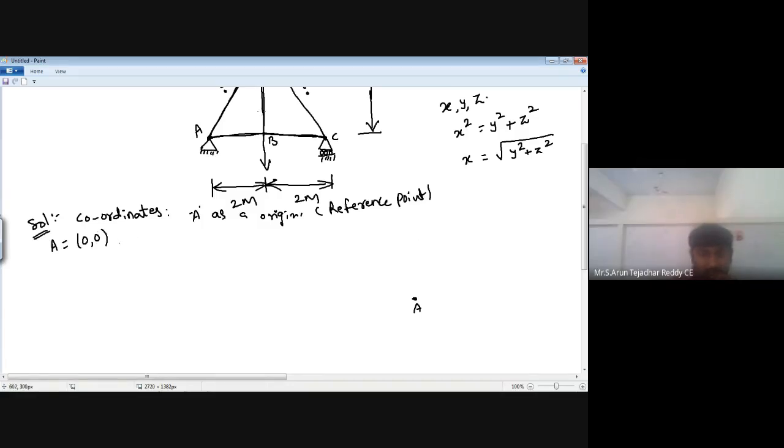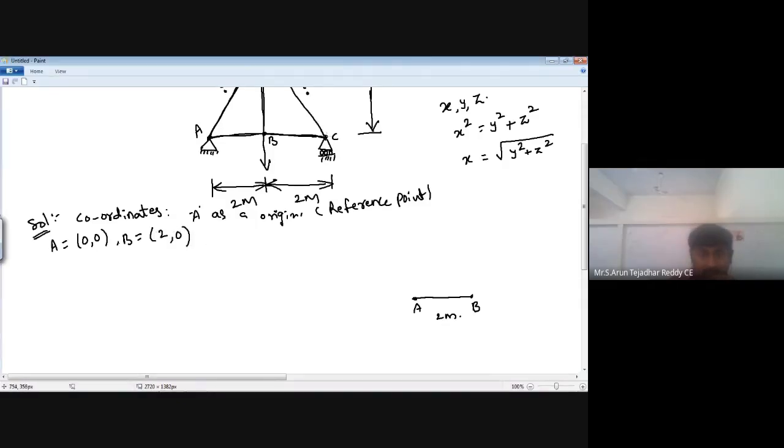Next point is B. Here we have a certain length, 2 meter in the x direction, but we don't have any y direction length. So x is 2 meter, and y is 0. B is equal to 2, 0.